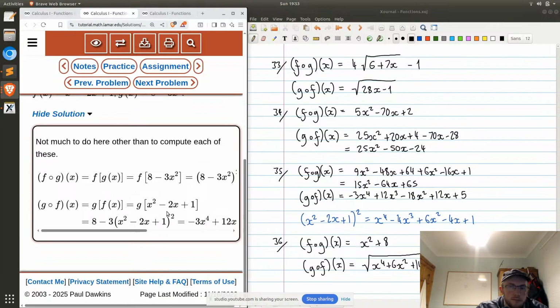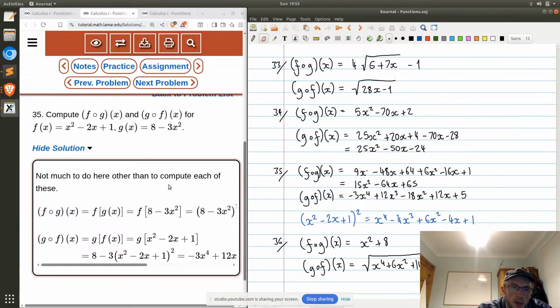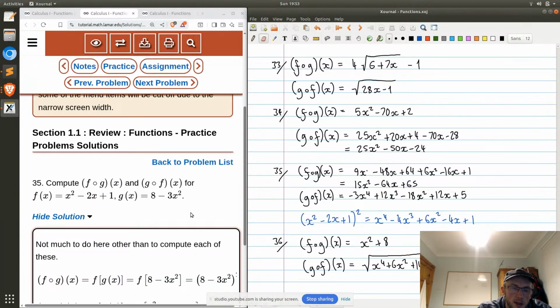Oh, because of the indices. Right, we are to square 8 minus 3x squared, so that would be 9x to the 4, in fact. Then minus 48x squared, in fact.